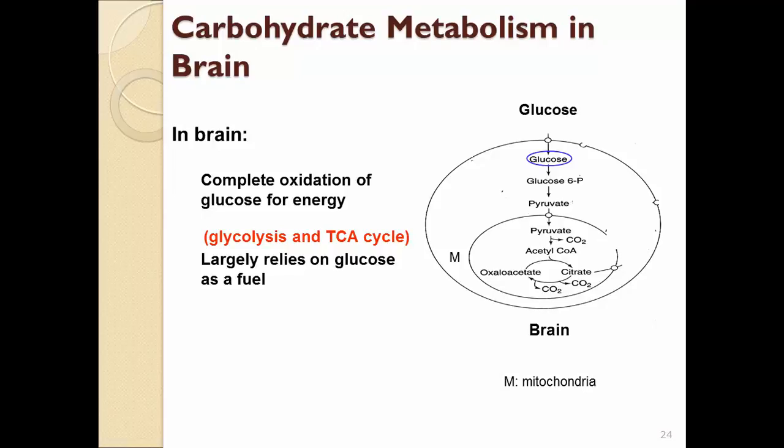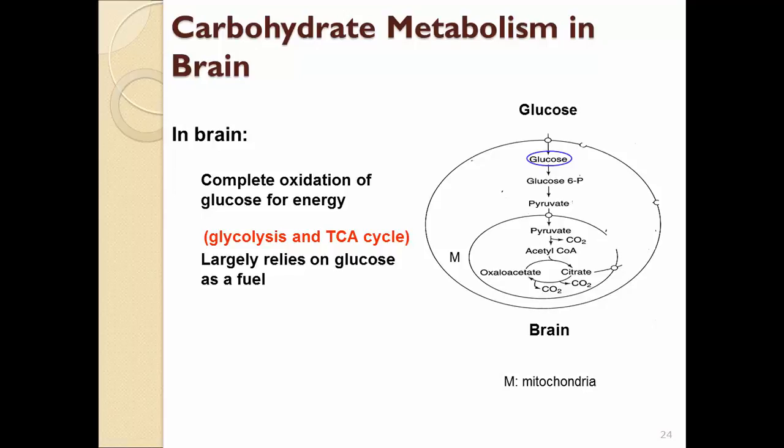Although recently some researchers found the brain also does some glycogen synthesis, compared to liver and muscle, the activity is very low, a very small amount. But the brain mostly metabolizes glucose through glycolysis and complete oxidation for energy.